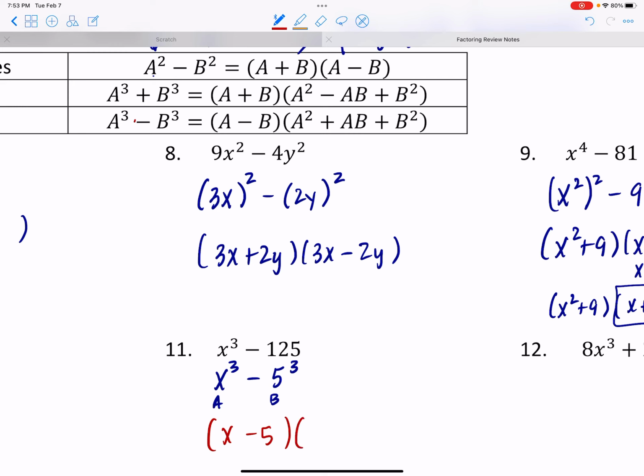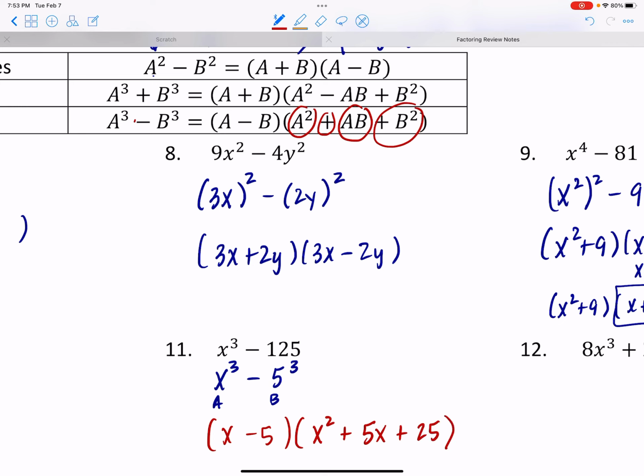And then my trinomial starts with an a squared. So in this case, a is x cubed. Or sorry, a is x. So it's going to be x squared. And then I have the opposite sign that I started with, so positive. And then I multiply a and b, so I'm multiplying x and 5, which would make 5x. And then I'm going to have a plus b squared. So b again being 5 means 5 squared is 25 at the end of this.